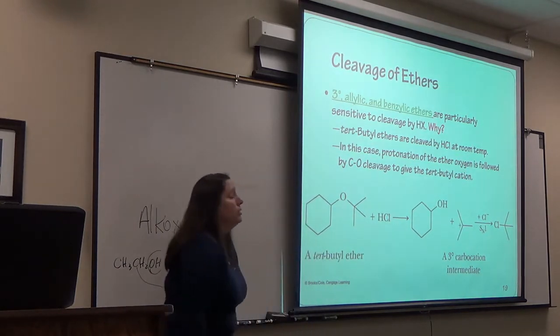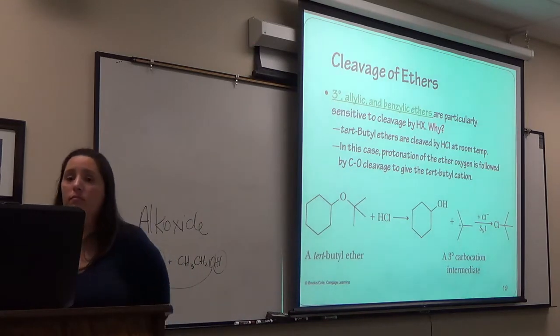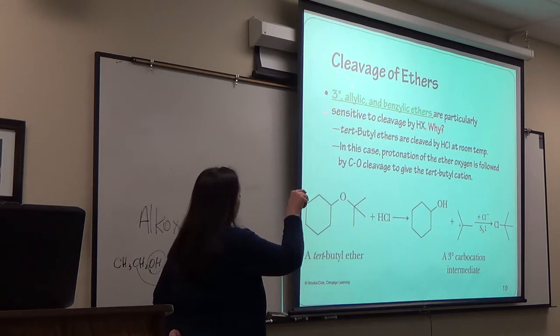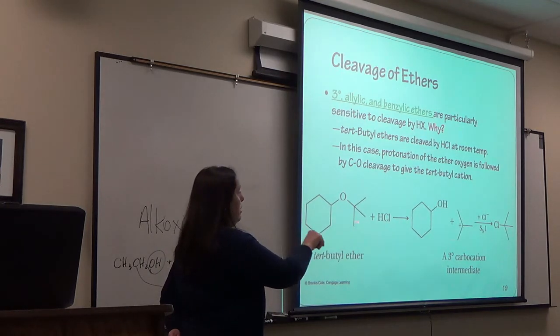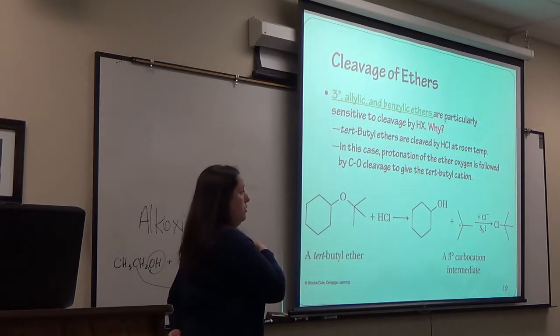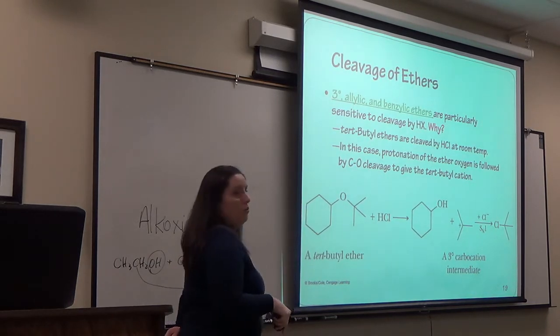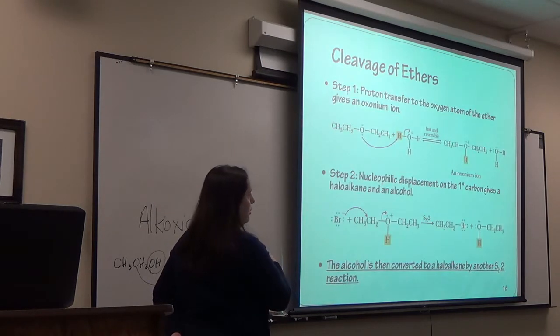So what kind of mechanism is this? It's tertiary. This mechanism here, not the one on the previous slide. This one, tertiary, is SN1. The one over here was SN2.